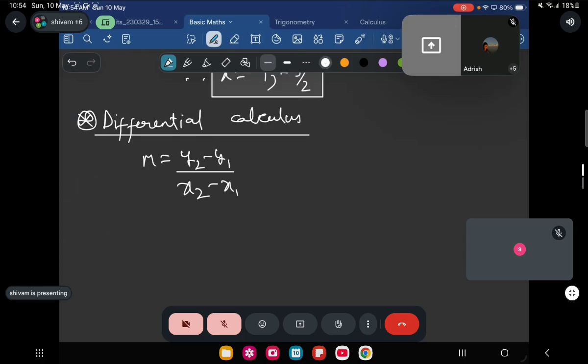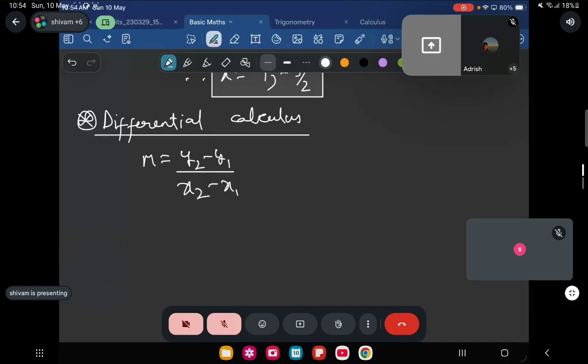So you have learnt average speed in lower classes. Let us say a car is moving from one place to another place. At some point it will move at 30 kilometers per hour. After some time it will move at 50 kilometers per hour. After some time it will move at 70 kilometers per hour. Something like this.